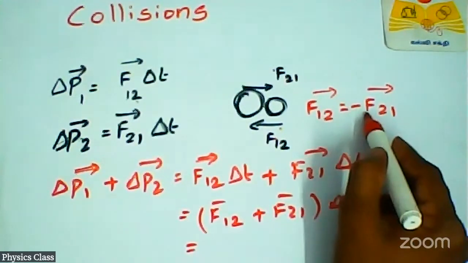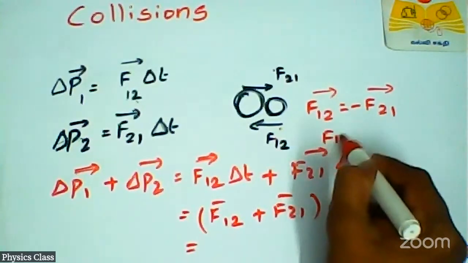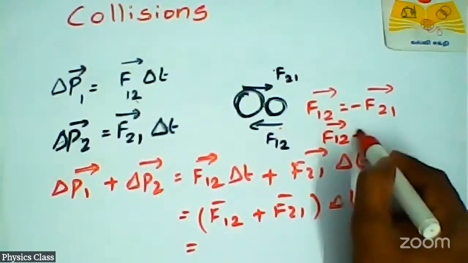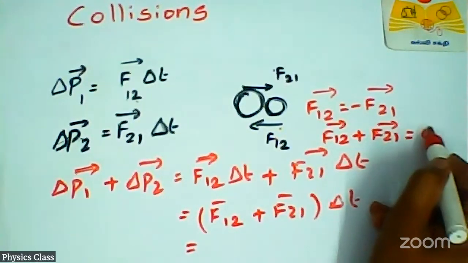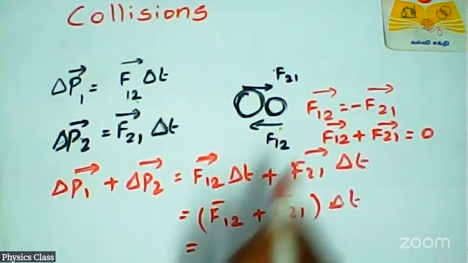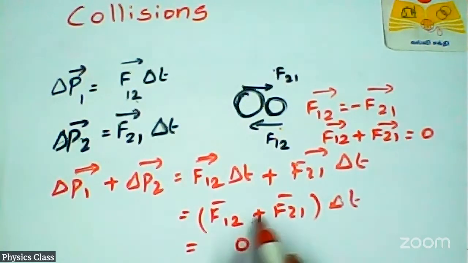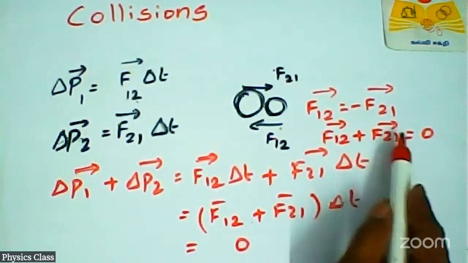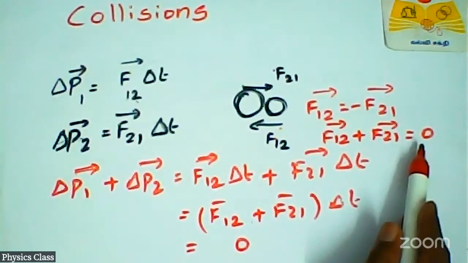So here this term becomes F12 plus F21, which is 0. Yeah, which is the total force. So the total force here is also 0. Yes, F12 plus F21: because of Newton's third law, we get a total force of 0.